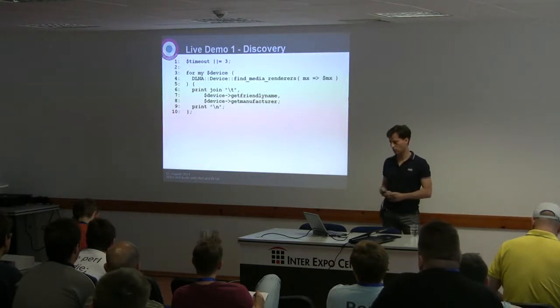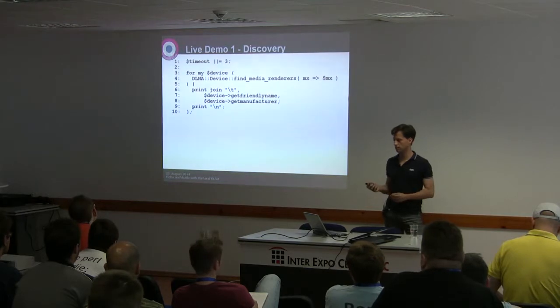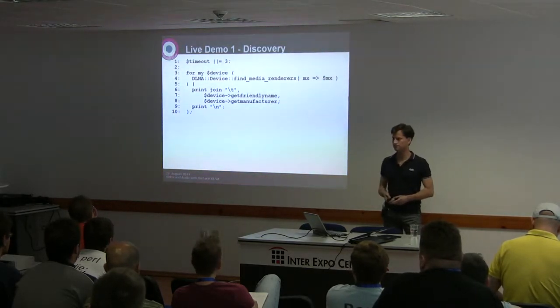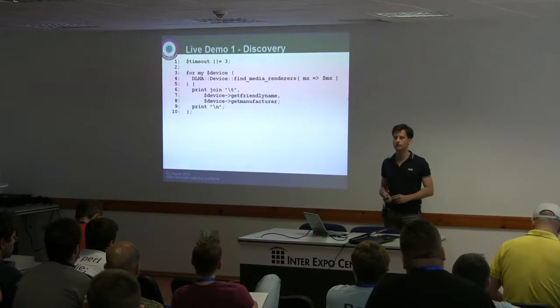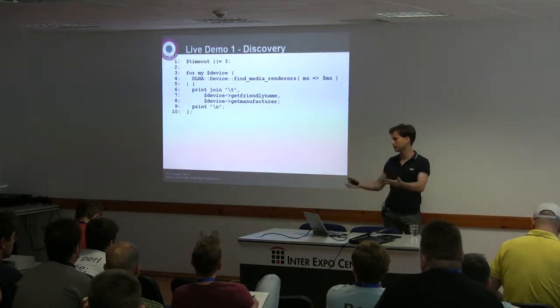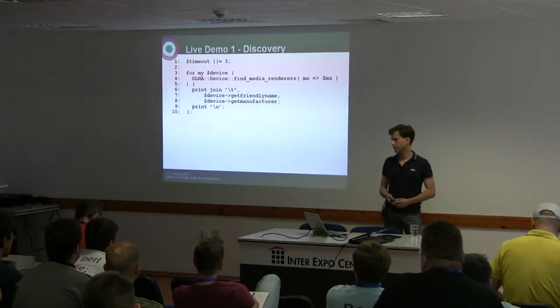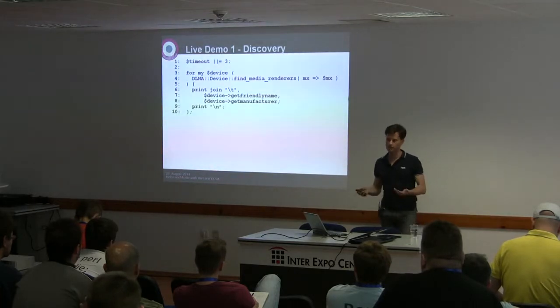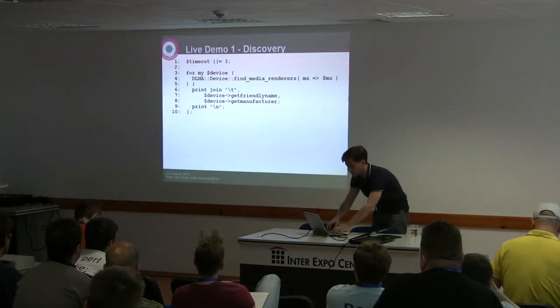A first bit of code. This simply uses the module DLNA device in line 4 to find all available media renderer devices and then prints the friendly name, like your TV, and the manufacturer of the device, just for identification.